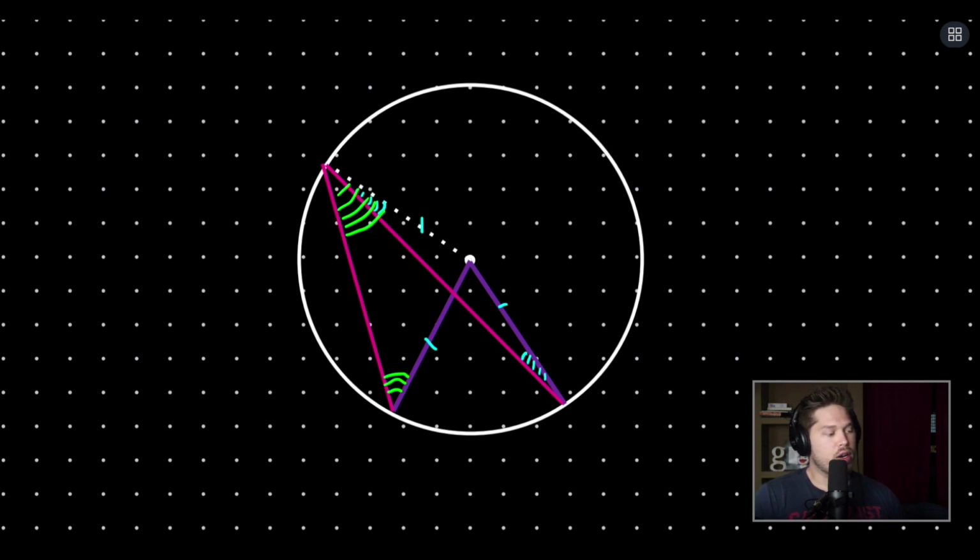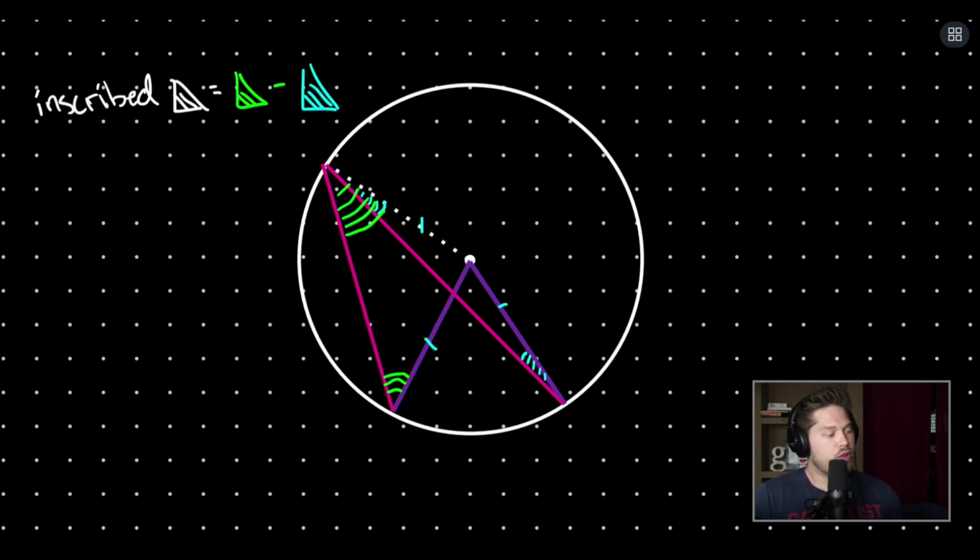Also notice that our inscribed angle is defined by our green angle minus that blue angle. Okay. Also notice, how can we define our central angle?